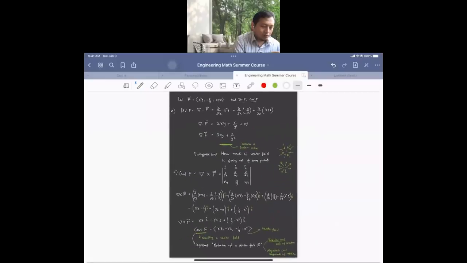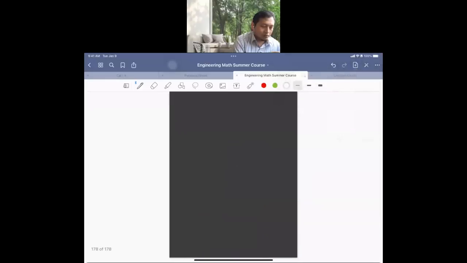We can discuss more later what the curl and divergence represent or mean. But let me just give you the properties of the curl and divergence.